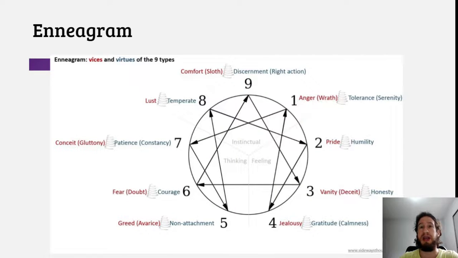The second one will be the Enneagram, and I really like this one because instead of describing your personality as a whole, this actually deals more with your preferences, as in what you value the most in life, right? So I'm type 7, there are 9 types. I'm type 7 and I prefer freedom and options and new things, right?